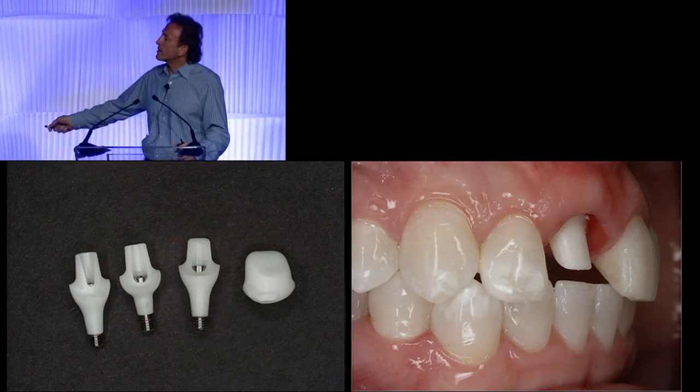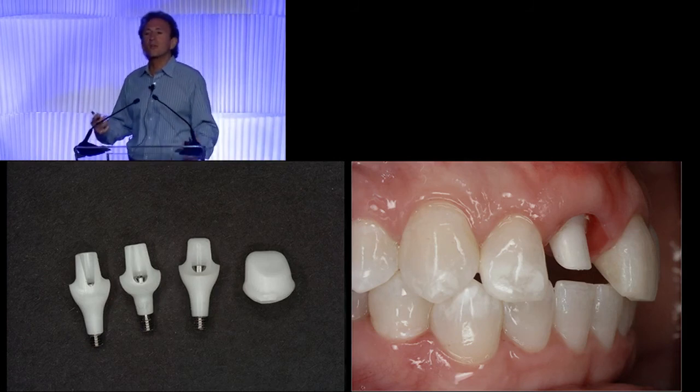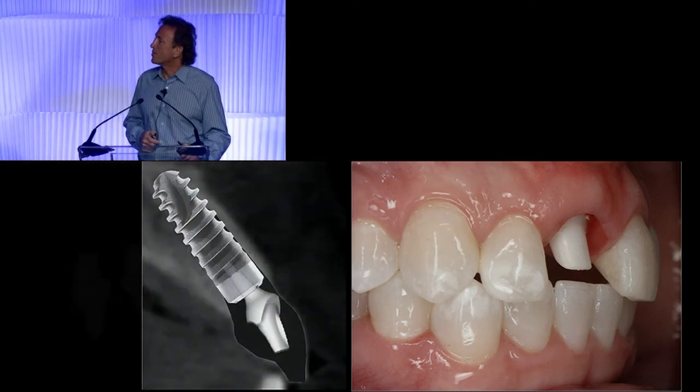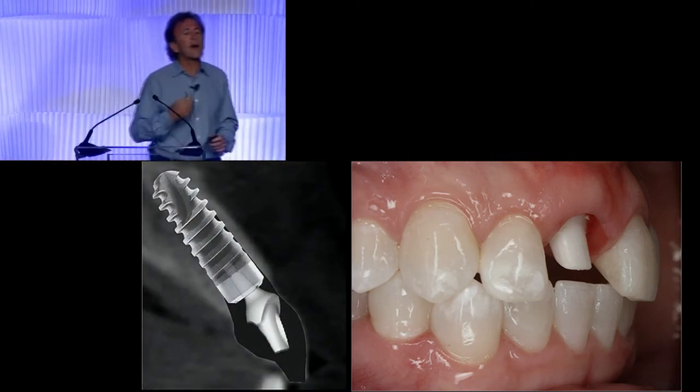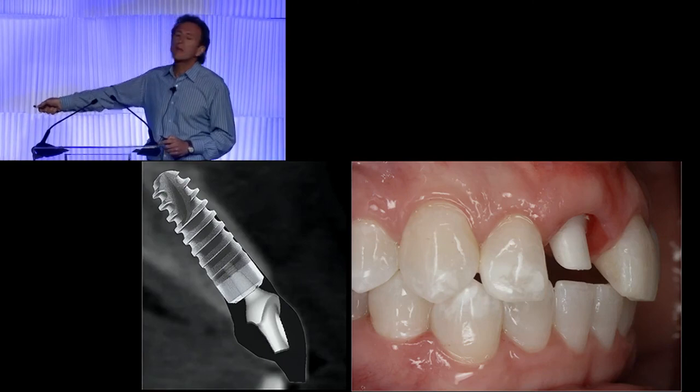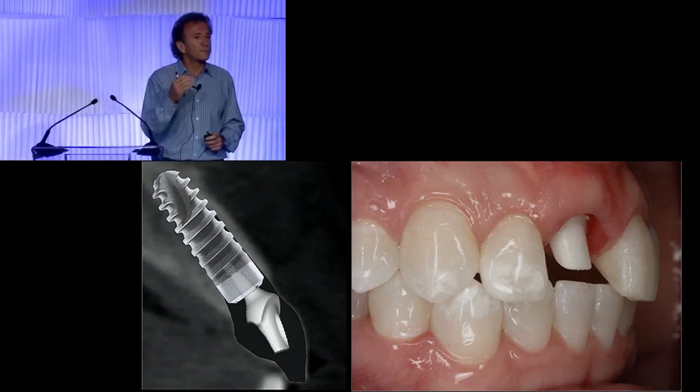So having the extra space and the under-contoured emergence profile that's built into the ankylose system, I think is a very big benefit from an interface relationship that we work in, and it allows to create that extra thickness in that very critical area at the crest of the bone.